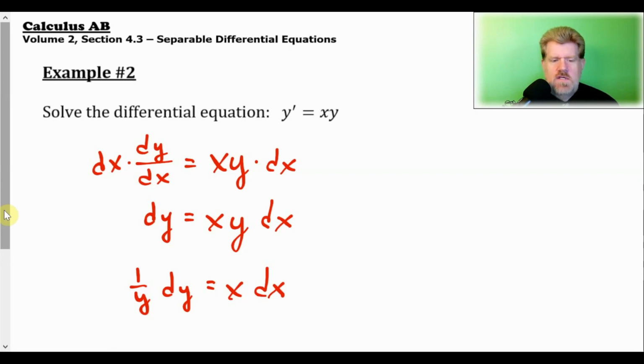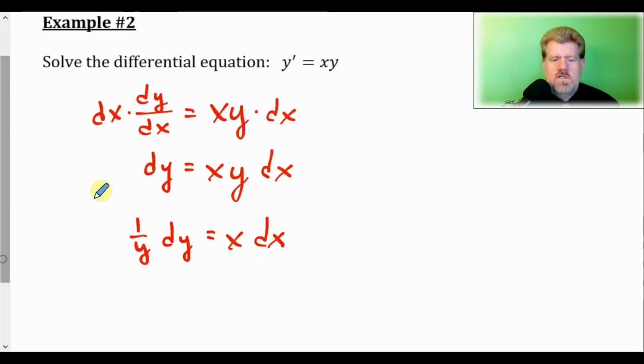Now we will integrate them. We can integrate them because we have a y value and a dy, an x value and a dx. Remember, that's your integrating factor called a differential. It basically goes away. It becomes nothing, but we need it to say, hey, this is our integrating factor.